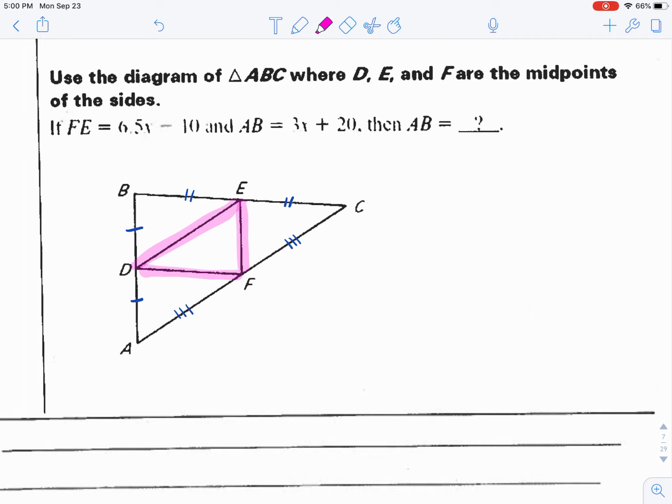Those are all midsegments. Now, what midsegment are we most interested in? Well, we're told that FE is 6.5x minus 10. We're told that AB is 3x plus 20. We need to solve for x.